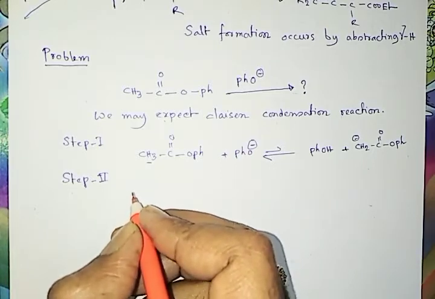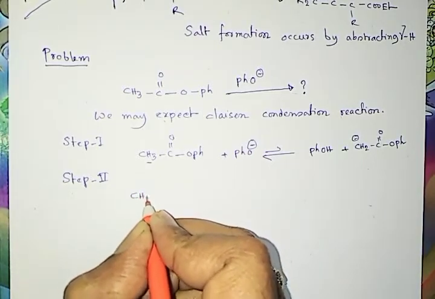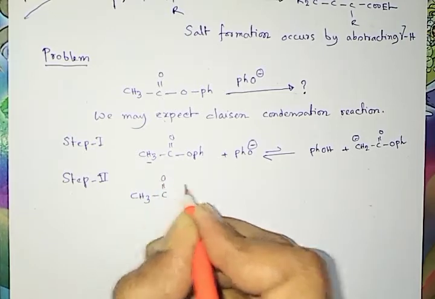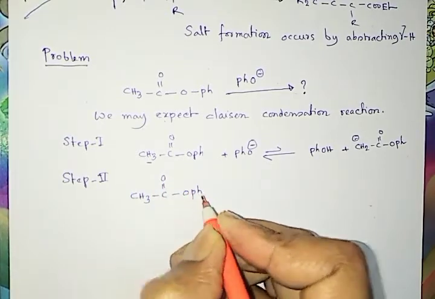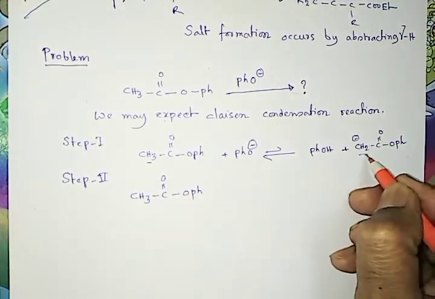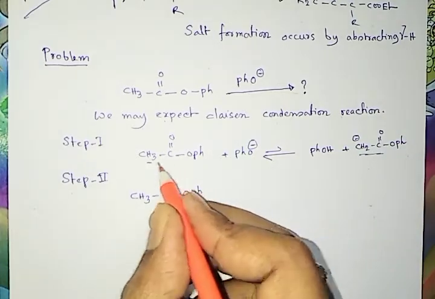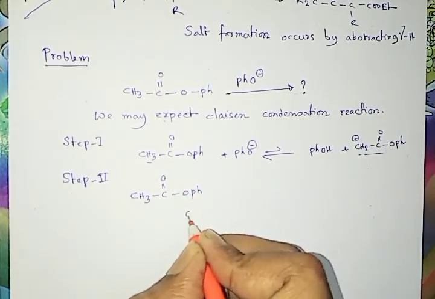Step number 2. CH3 C double bond O OPh. Now this anion will react with another molecule of the ester.